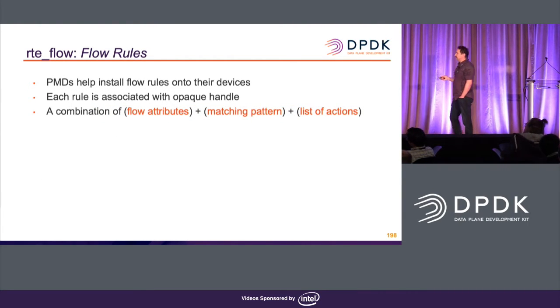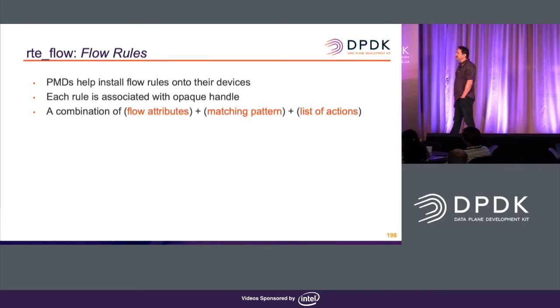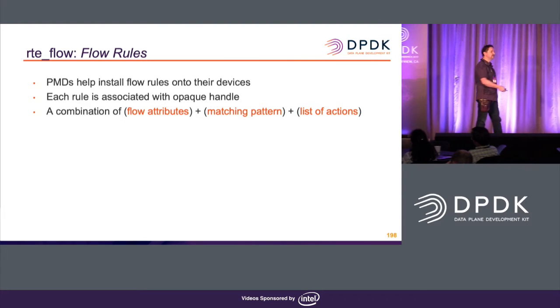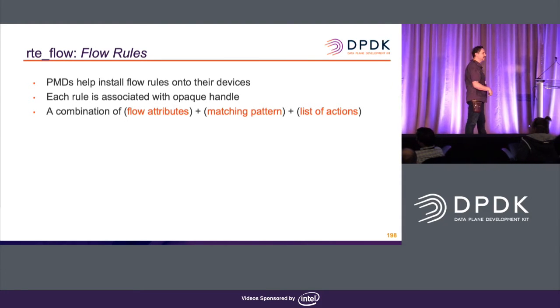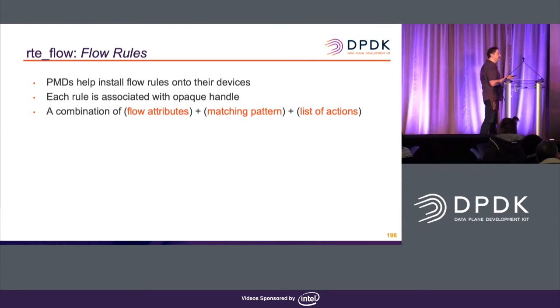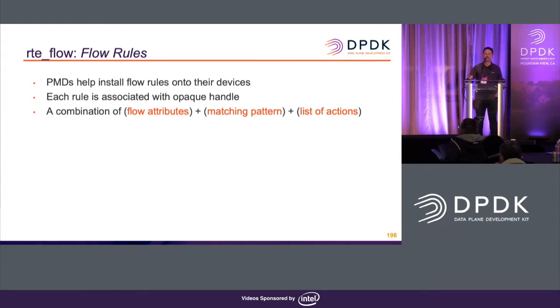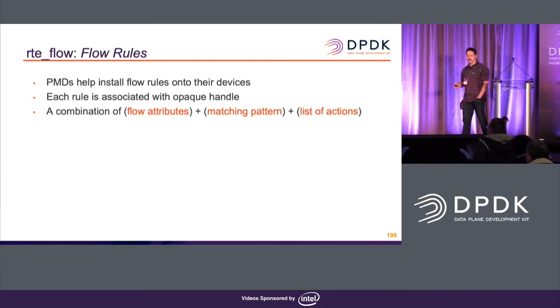Flow rules themselves are the things that the PMD will be installing onto their own devices. And as you install these rules, you will get an opaque handle in return. That'll be handy when you need to update them, get some statistics out of them, or delete them for that matter.